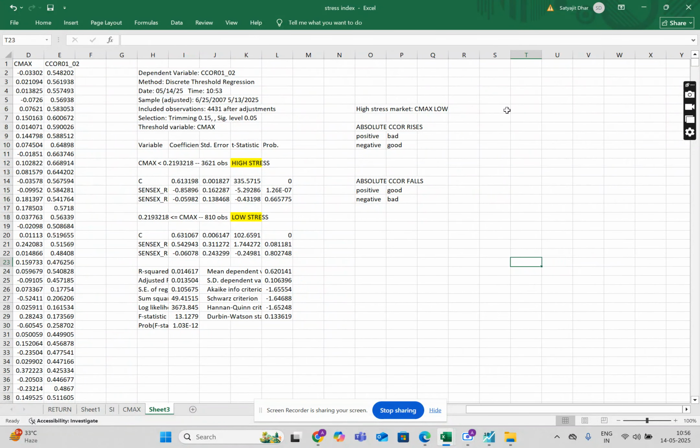So now suppose it is a low stress market, which means my Cmax is high. It's a good market. So absolute CCR rises. Let's do that case first.